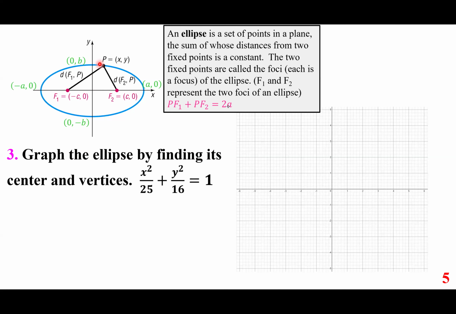And why is this equal to 2A? You can pick any point you want. If here, then this distance plus this distance is 2A, or fixed.